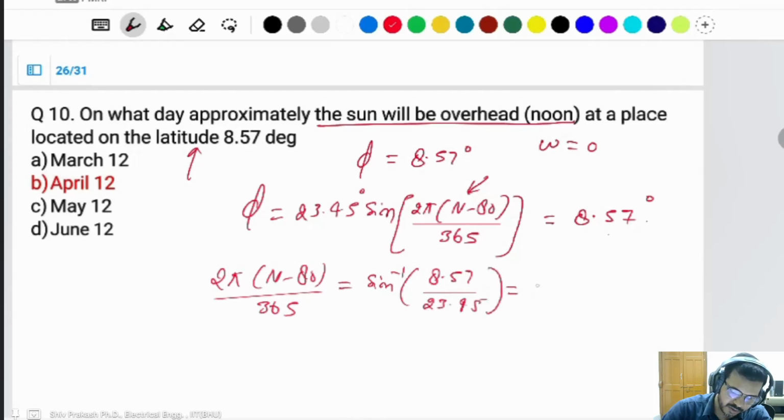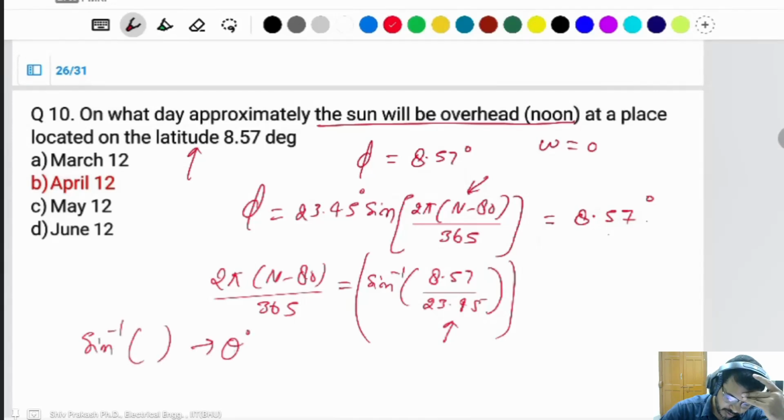We will get this one. The angle cancels out and it will be a value. Then you can calculate the sine inverse; they also give it as an angle, sine inverse of something.